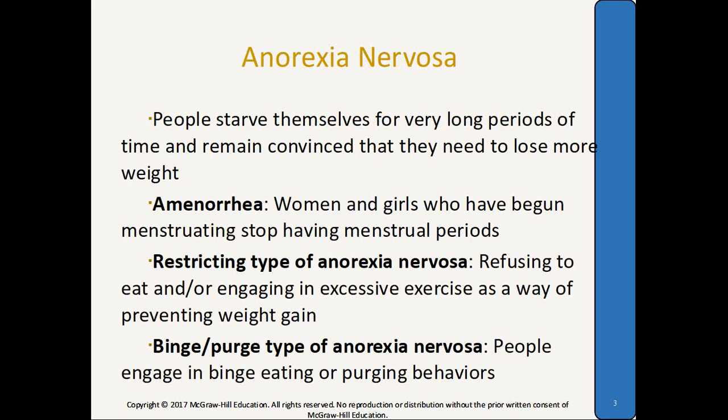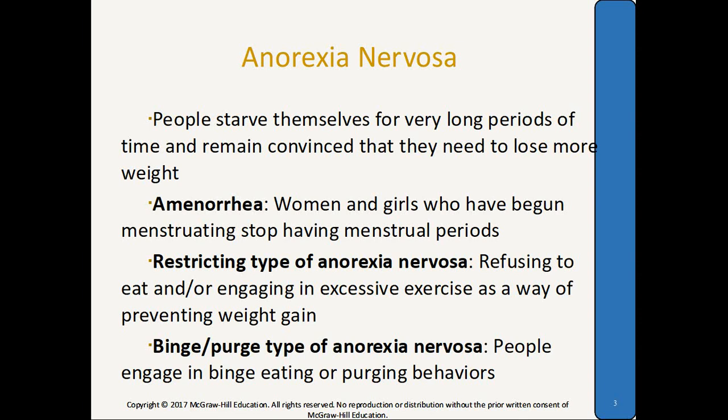Let's first start with anorexia nervosa. This is a real pursuit of thinness that individuals have that really leads people to starve themselves. And people do starve themselves by eating little or no food for a very long period of time and remain concerned that they need to lose more weight.